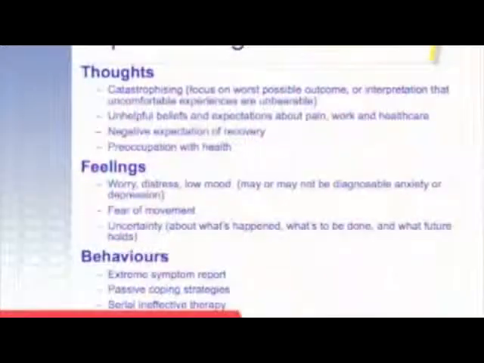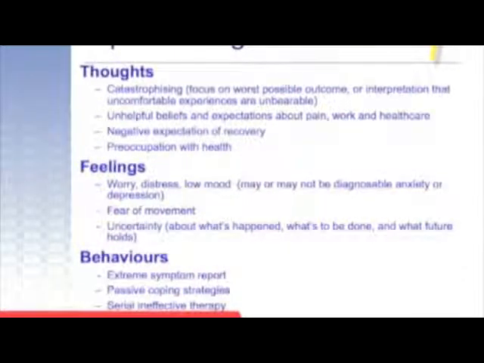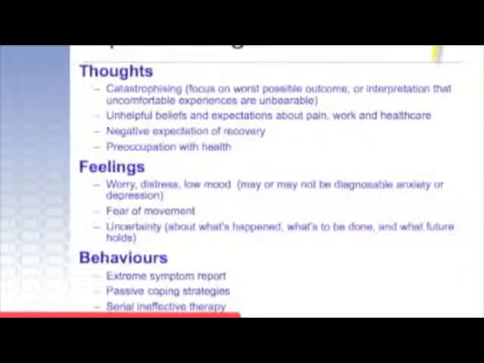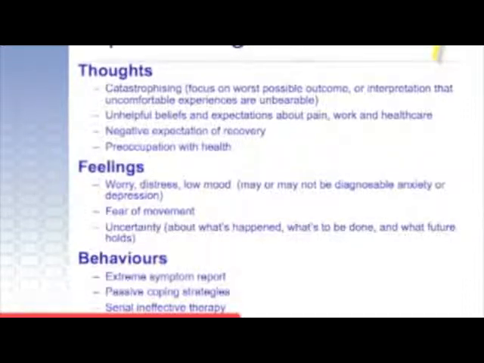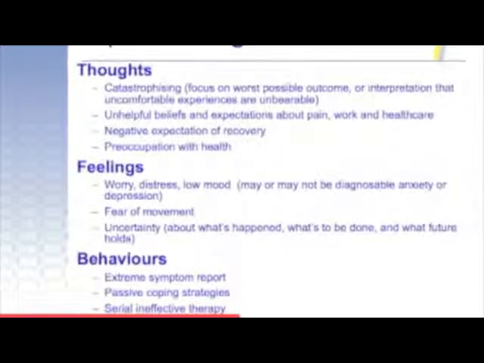Perhaps the best example of identifying a yellow flag with regards to how a person thinks is to look for catastrophizing. This is the focus on the worst possible outcome, or interpreting that uncomfortable experiences are completely unbearable. In other words, it is an interpretation that whatever problem one is facing is beyond being able to be managed.